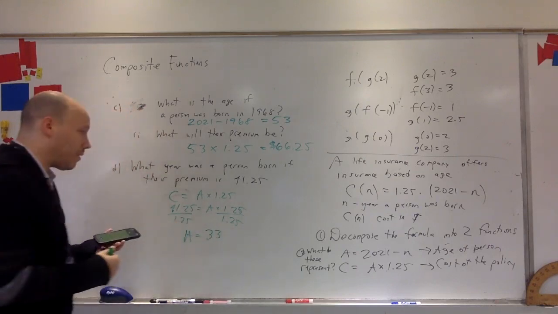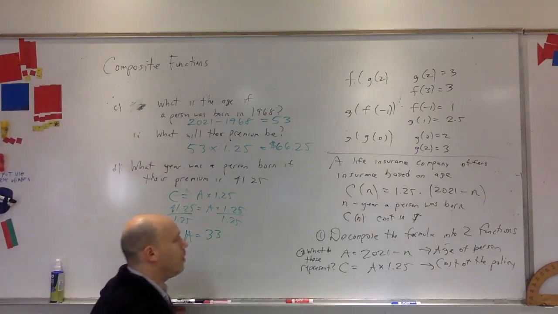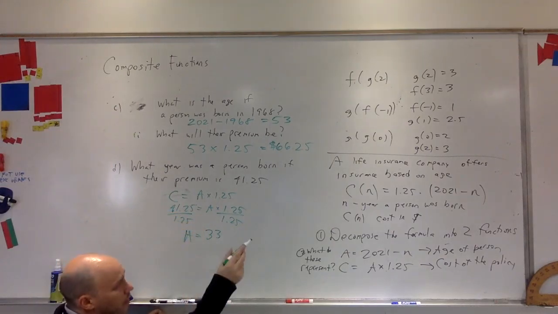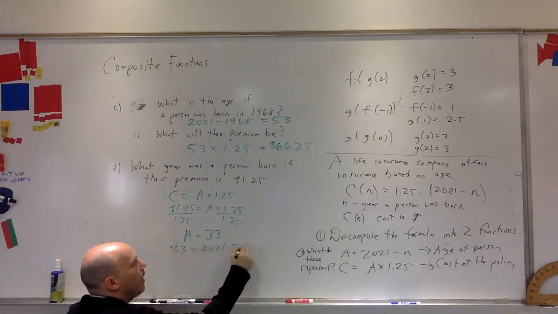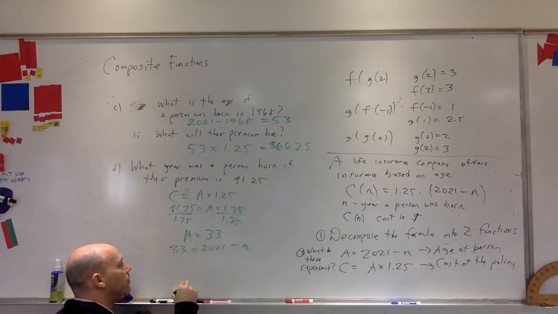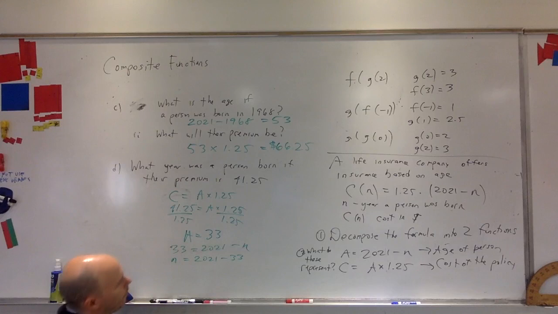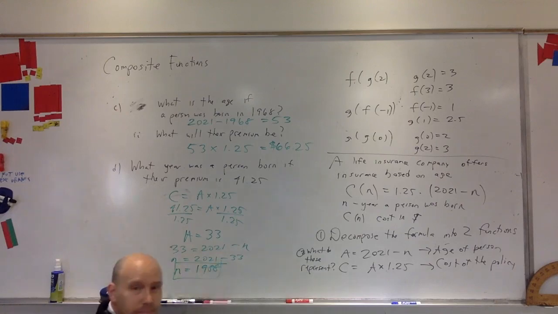And so the last part is what year were they born in? Well, we know that 33 is equal to 2021 minus n, right? So n is equal to 2021 minus 33, which is 1988. Good.